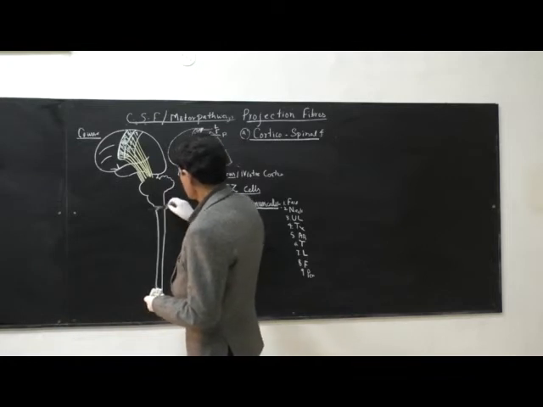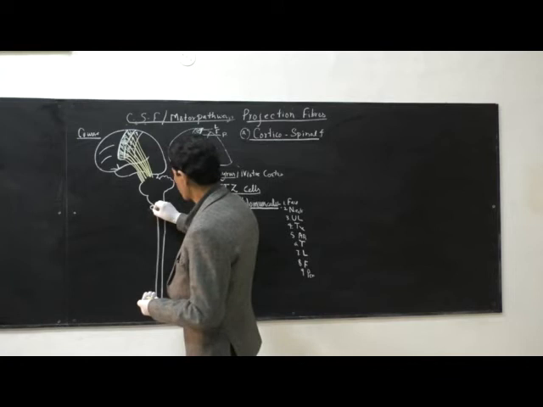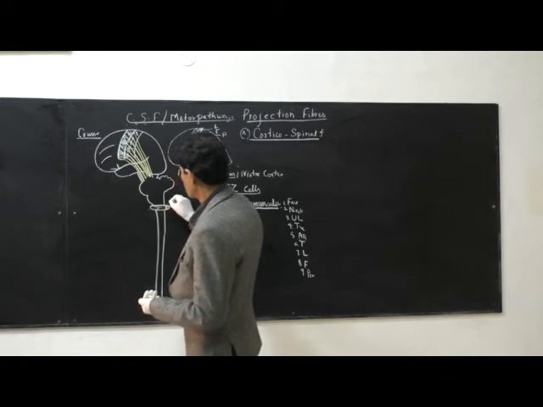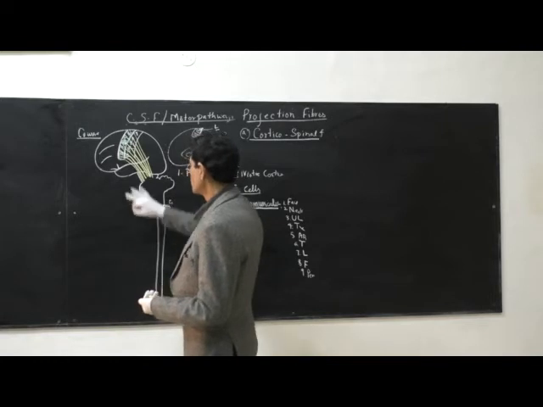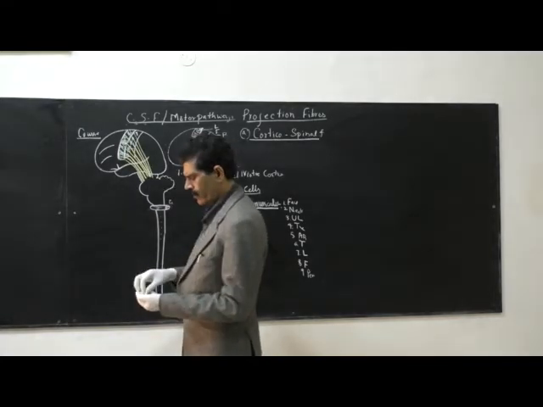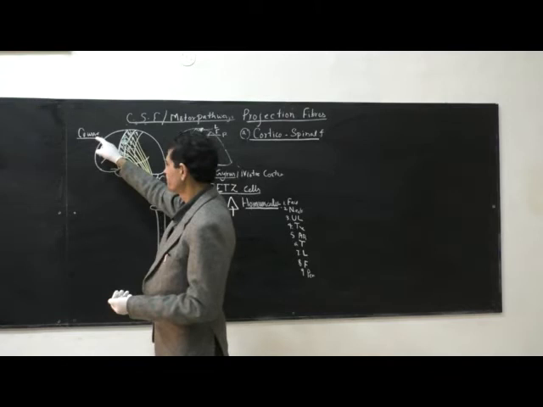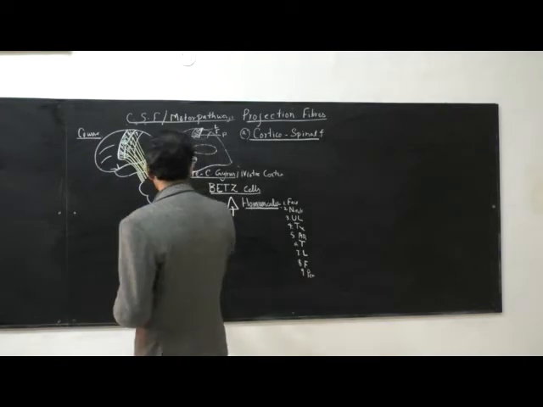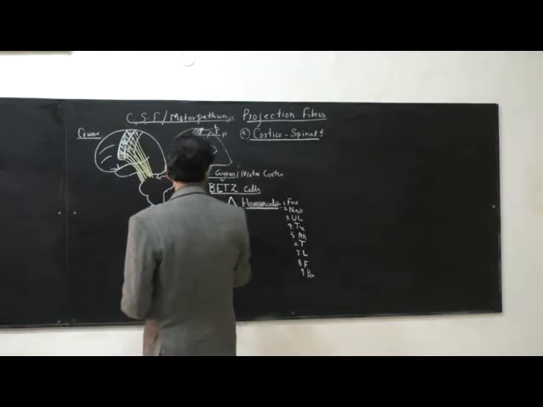The brain ends at the level of the upper part of the atlas vertebra, the C1 vertebra, and then the spinal cord starts. So these fibers descend downward as their course is there. When they descend downward, they are called corona radiata.